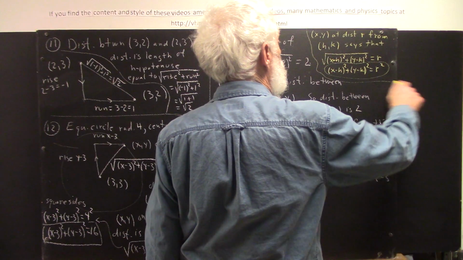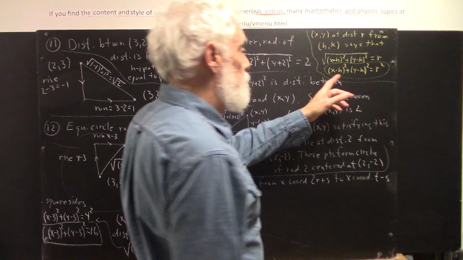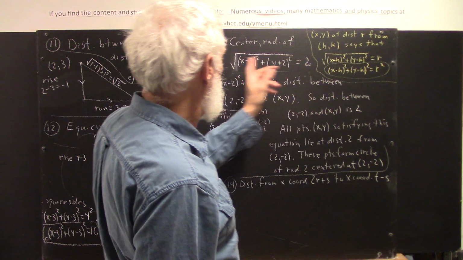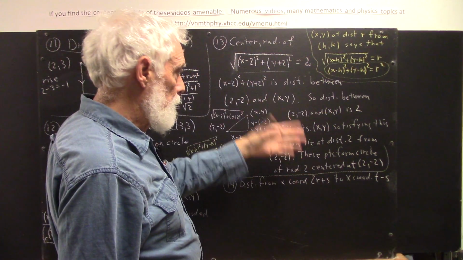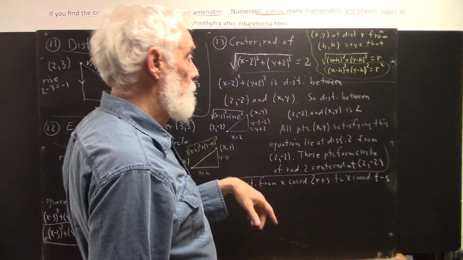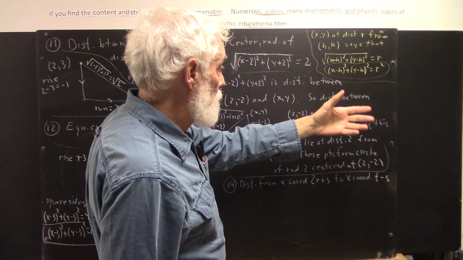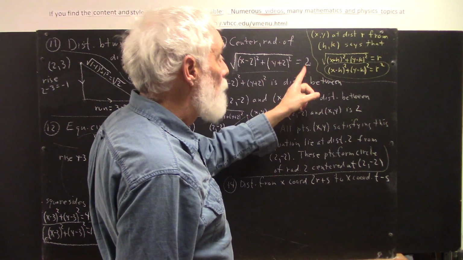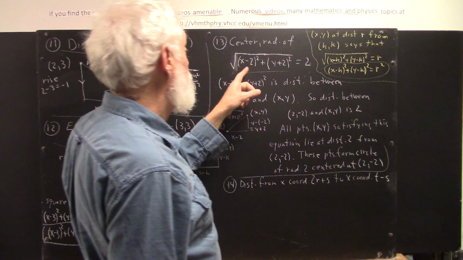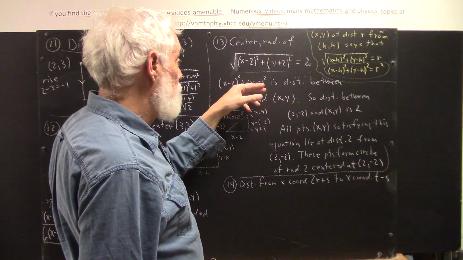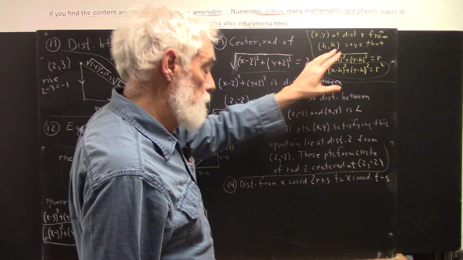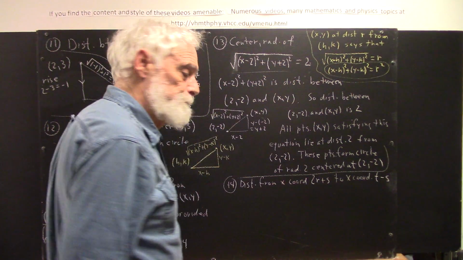This is the equation of the circle, centered at h, k with radius r. So if you have something like this, you can square both sides if you wish, or you can just look at it in the original form. Either way, it's the center. In this form, this is the radius. If you've got the square root over here, then this is the radius. And the center is the negative of negative 2, which is 2, and the negative of positive 2, which is negative 2.